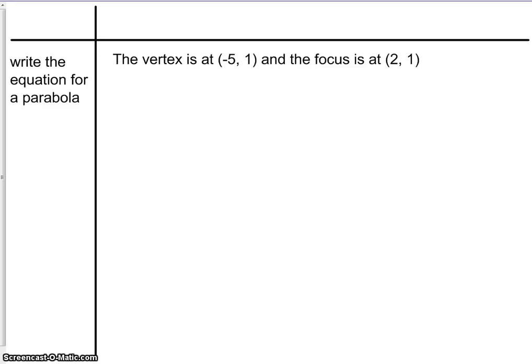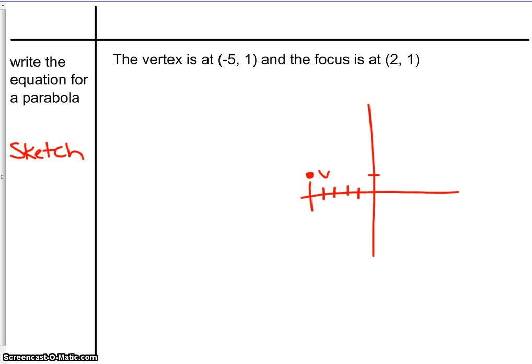All right, so to write an equation, same idea as those other ones. What I want to do is sketch again what's going on because it makes it a lot easier. My vertex is at -5, 1. And my focus is at 2, 1. So putting those points in there, what I know is that because it's a parabola, my focus is inside that parabola. So I know it's going to open to the right.